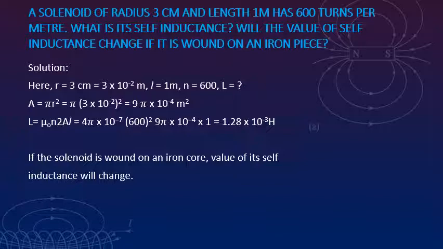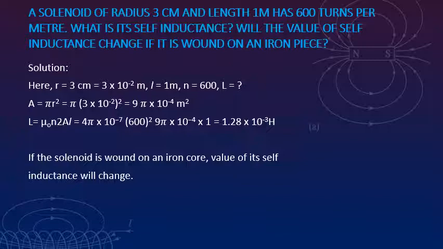Therefore, substituting the value, we get capital L is equal to mu naught n square AL becomes mu naught is replaced by 4 pi into 10 raised to minus 7 into n square is replaced by 600 square into A is replaced by 9 pi into 10 raised to minus 4 into L is replaced by 1 meter.